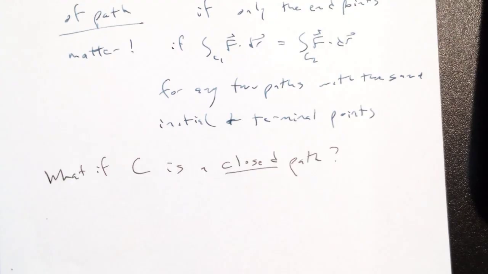What if I have a closed path? What's it mean to be closed? If I end at the same point that I start, what happens when I do my line integral?